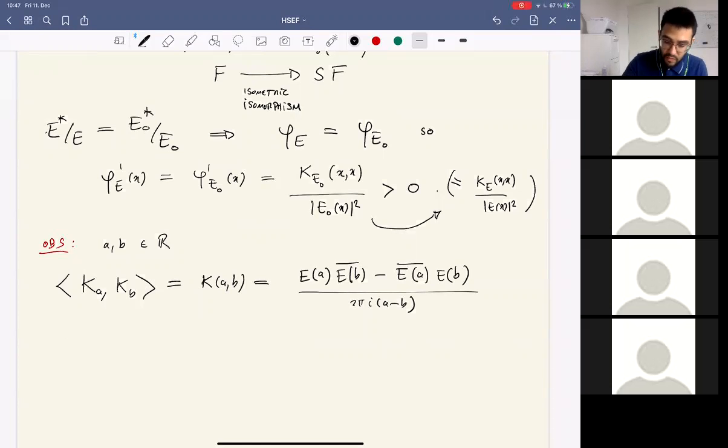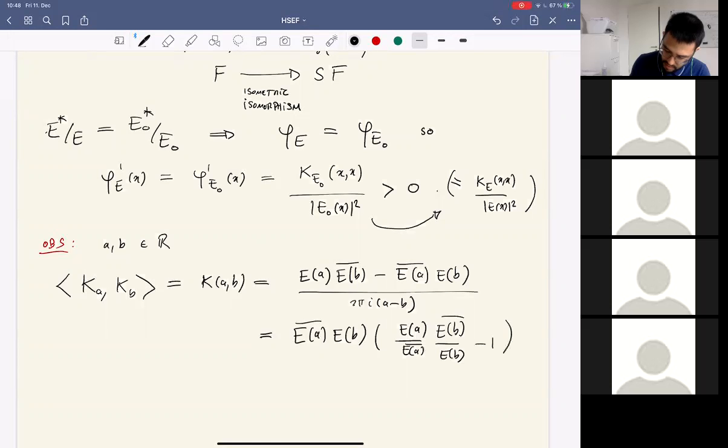Okay, and it's important that it's real, otherwise I would have to put bar here and bar there, and I don't want to do that. And then what we do is we isolate E of A bar, and then put E of B. So we isolate this term here. And then what we get: E of A divided by E of A bar, and then E of B bar divided by E of B, minus 1, divided by 2 pi i (A minus B).